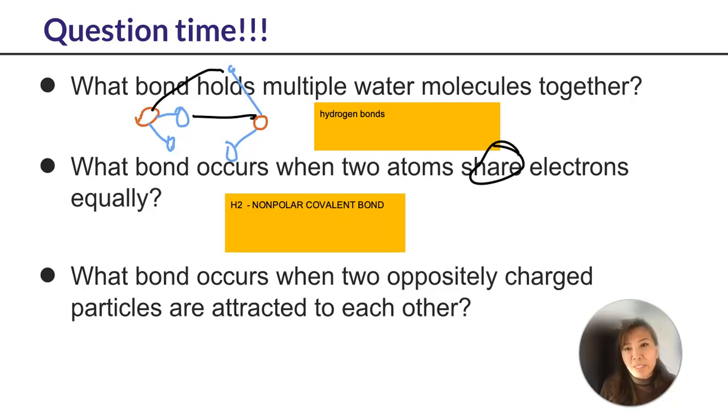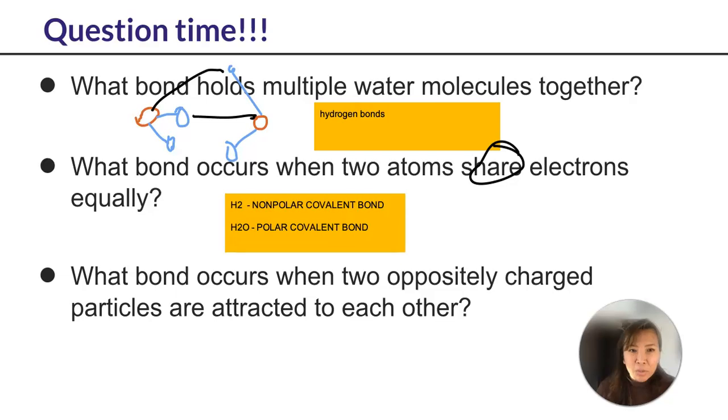This question specifically says share electrons equally. So here we have a non-polar covalent bond. What if they don't share equally? So that, for example, we have H2O, right? This is also within that water molecule. It's a covalent bond. But because they're not sharing equally, we actually have a polar covalent bond. Okay. Hopefully that makes sense, right?